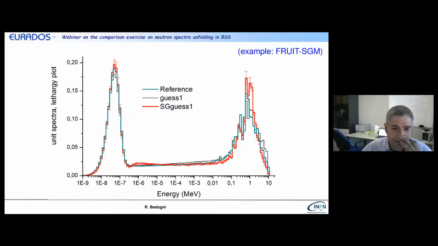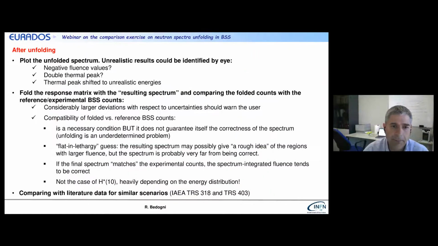Again, the unfolding tends to place shapes and proportions in the right way. Again, the unfolding is able to reduce this high energy component, and again, a good reasonable shape for the epithermal and the right height for the thermal. So I tried to show you what would possibly be the results of an unfolding process, applying three different levels of pre-information preparation and unfolding approach.